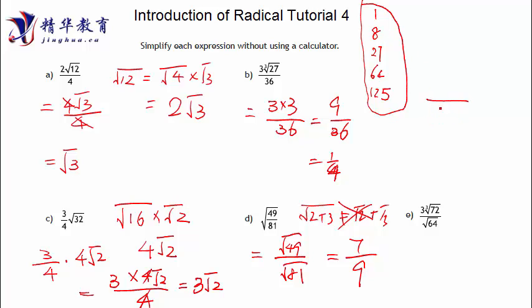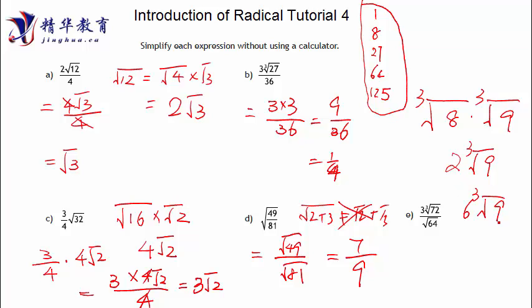So cubic root of 72 equals cubic root of 8 times cubic root of 9. Cubic root of 8 is 2, right? So 2 cubic root of 9. And then you times 3 outside. So it'll be 6 cubic root of 9.